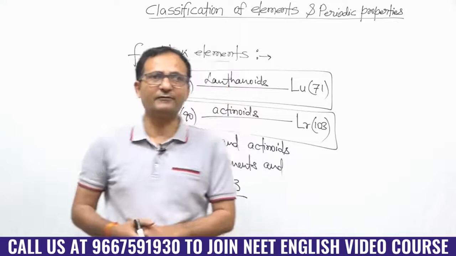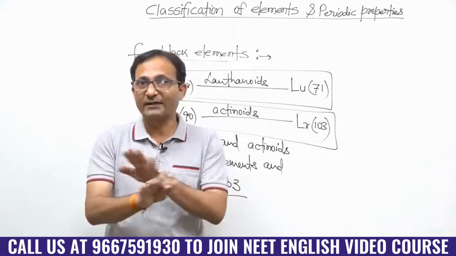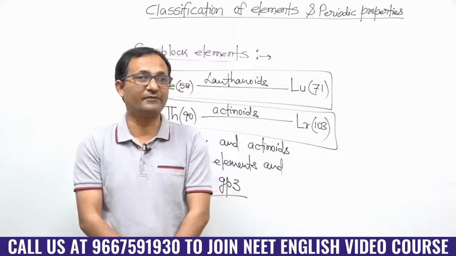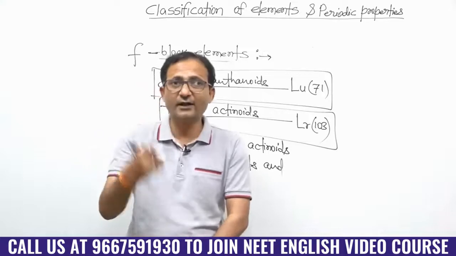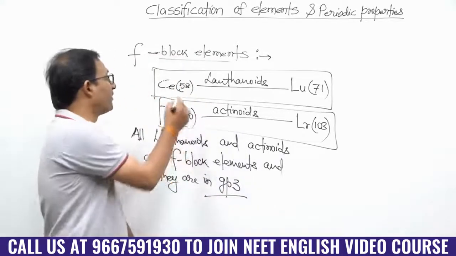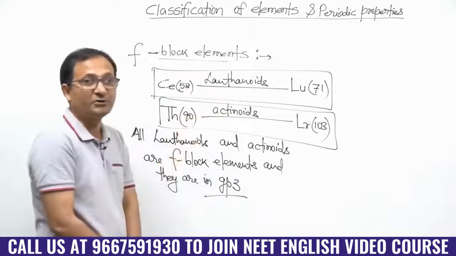and group number of that element, first of all, don't write the ground state electronic configuration of that element. First of all, recall the atomic numbers from 58 to 71 and 90 to 103.